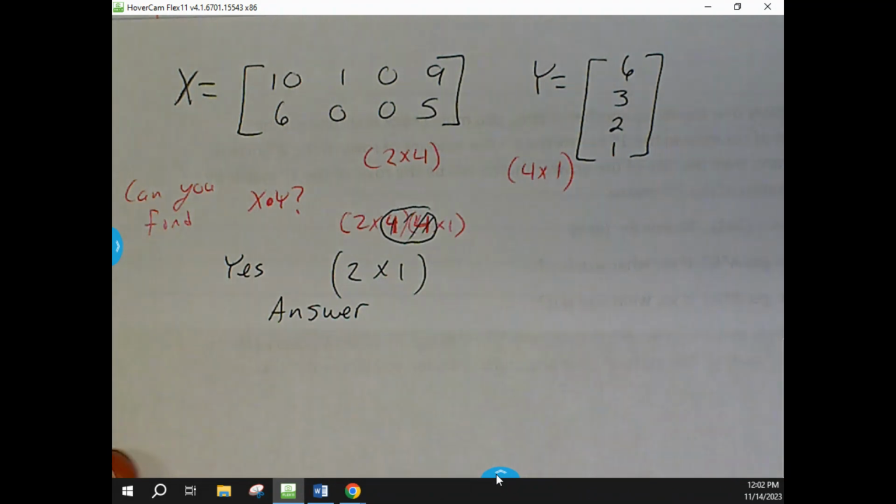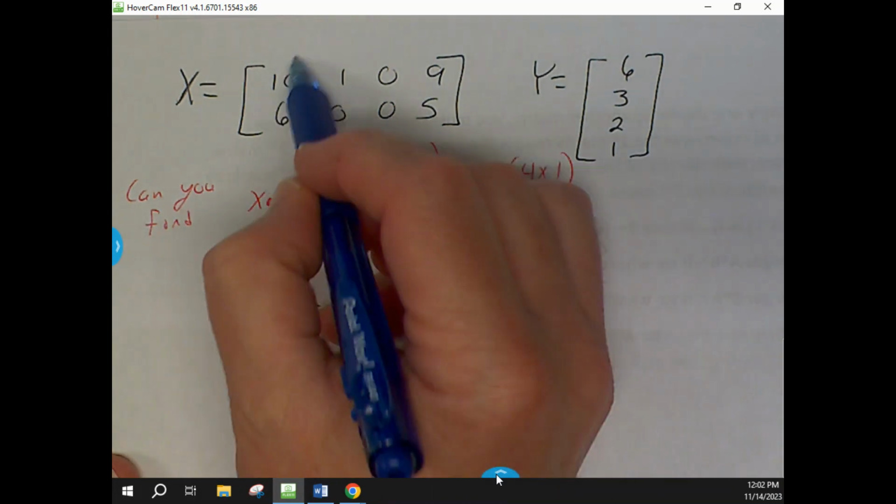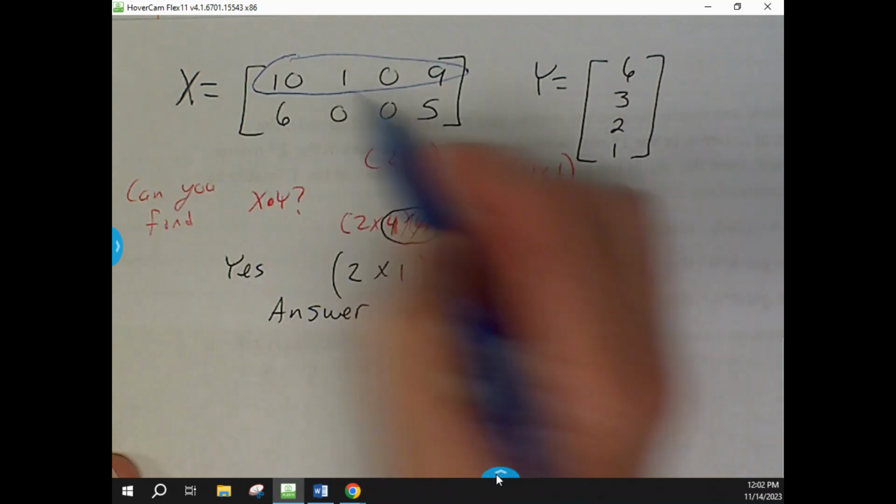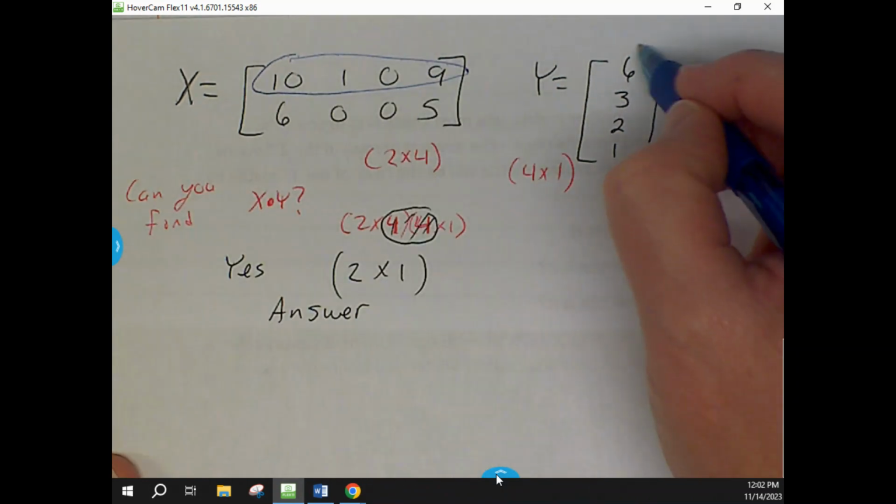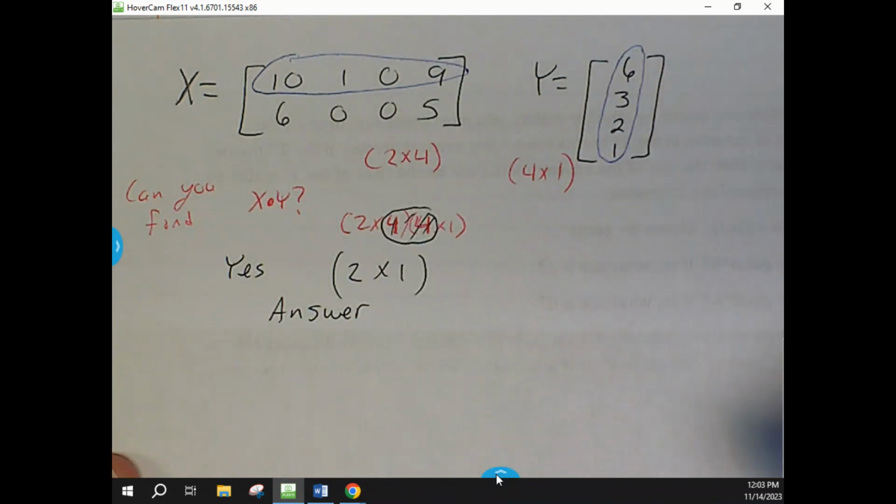Okay, so now we're actually going to multiply this because we know we've got this one. We're going to take this row times, now there's only one column, so we're going to take everything there and multiply it by this.